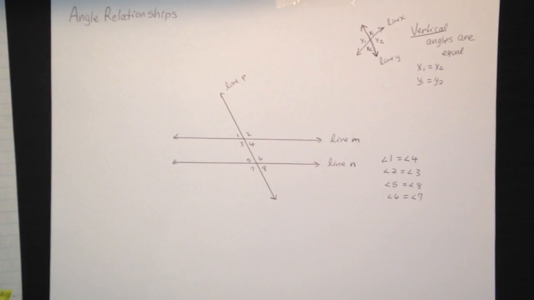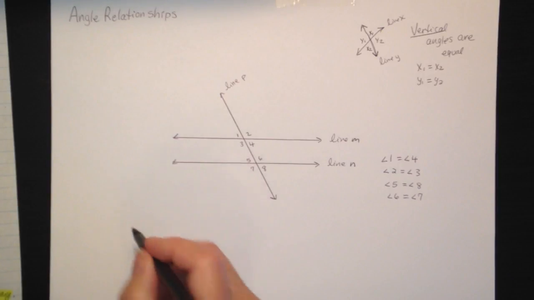The next thing we can discuss when we have two parallel lines crossed by a transversal are what are called alternate interior angles.